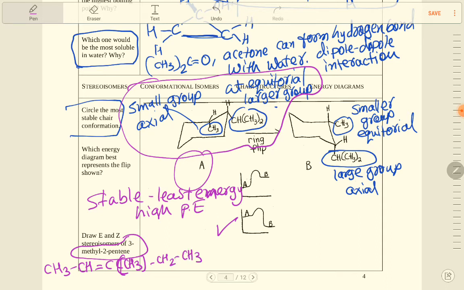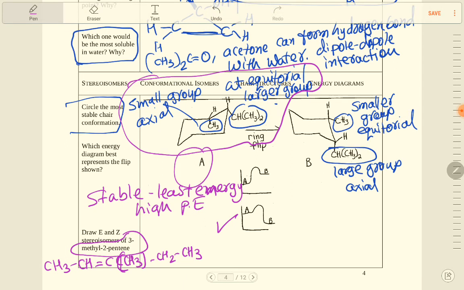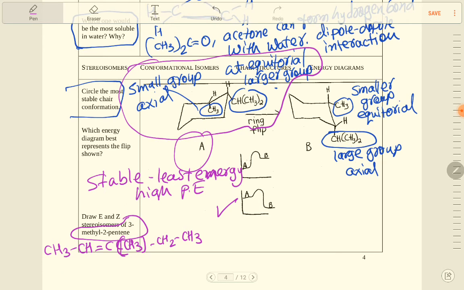So when we draw it, it's a Z position, and that is Z 3-methyl-2-pentene.